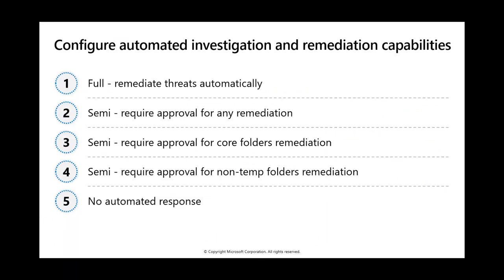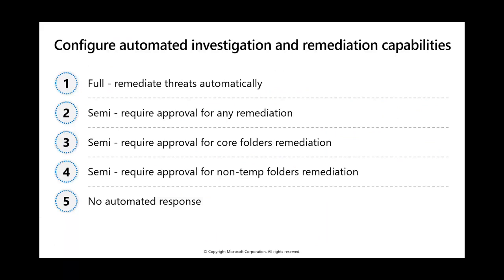The automation levels: number 1 is Full, remediate threats automatically, also referred to as full automation. Number 2 is semi, which requires approval for any remediation, referred to as semi-automation. With this level of semi-automation, the approval is required for any remediation action.